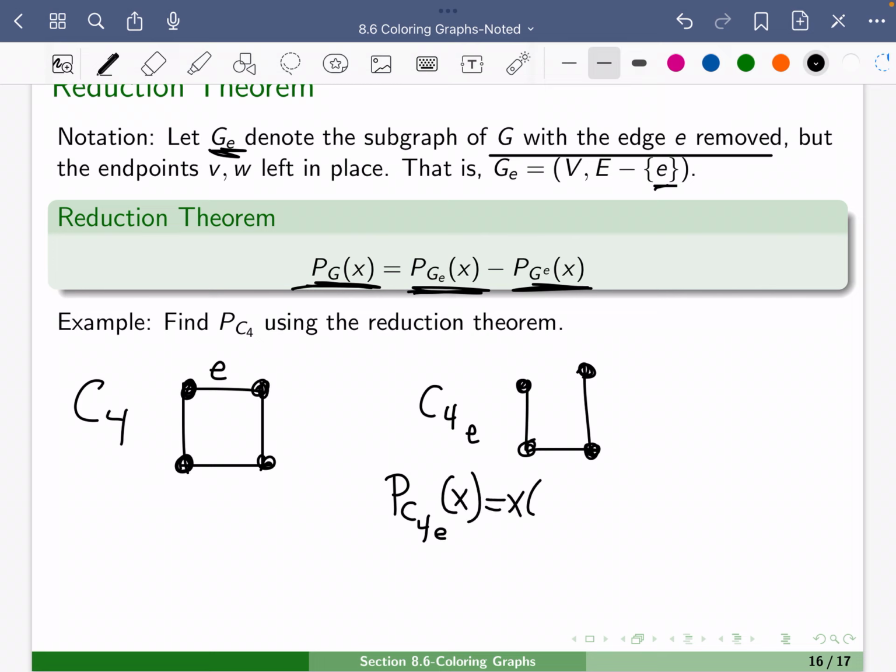We'd have x, and then you'd have x minus 1 options for each of those other three vertices. C4, the quotient graph of C4 along that edge E, if we were to take and pinch those top two points together, you'd end up with this.